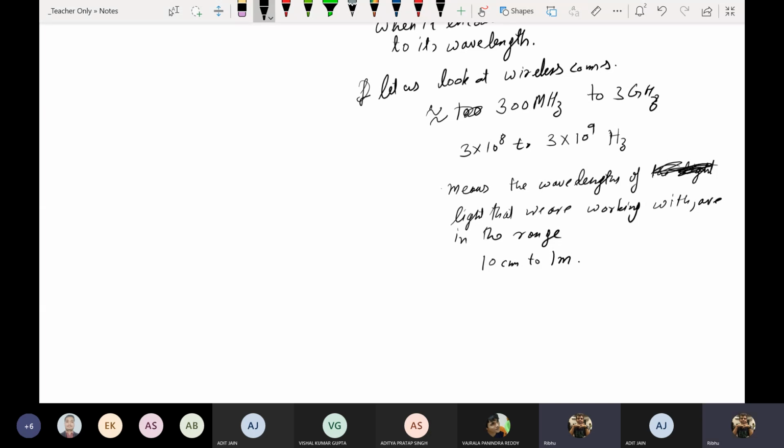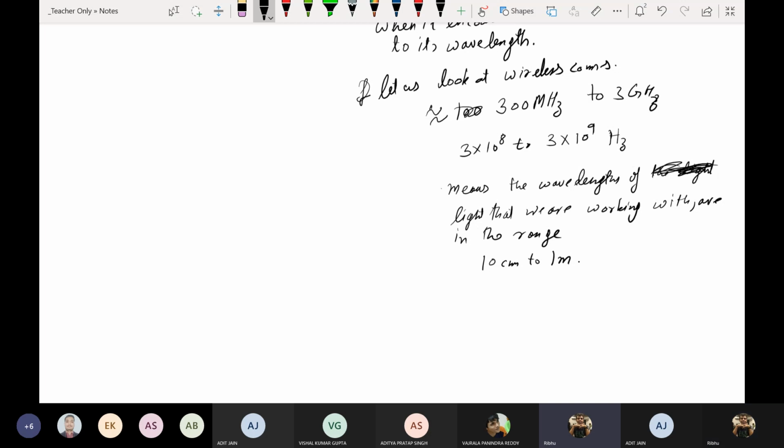Makes sense? Yes, sir. So there are three non-line of sight propagation media: reflection, scattering, and diffraction.